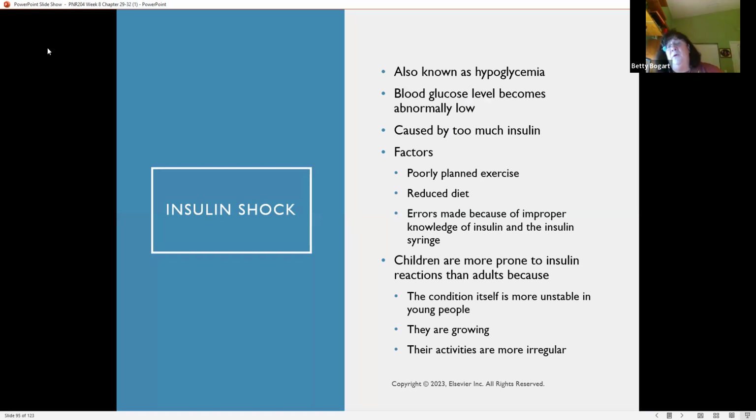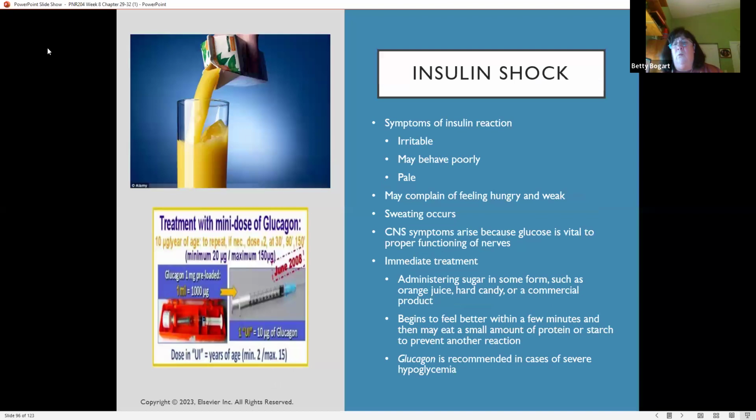Insulin shock is when there's too much insulin, blood sugars are too low, and it could be due to exercising and didn't take a snack, not eating enough, or not giving insulin the proper way. And we need these children and people to know what we need to do.